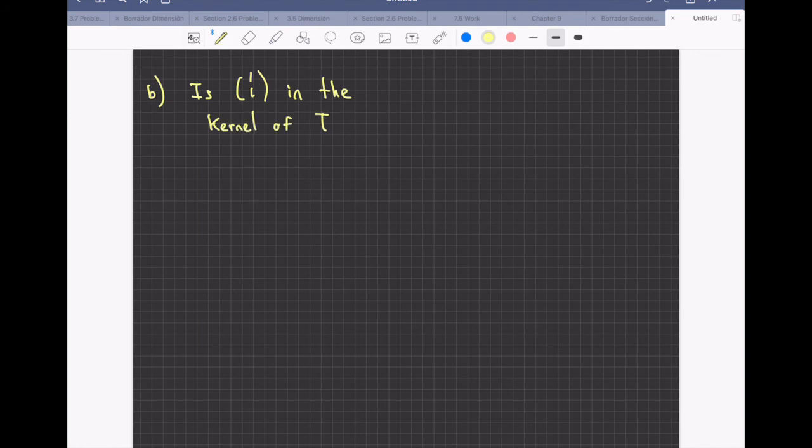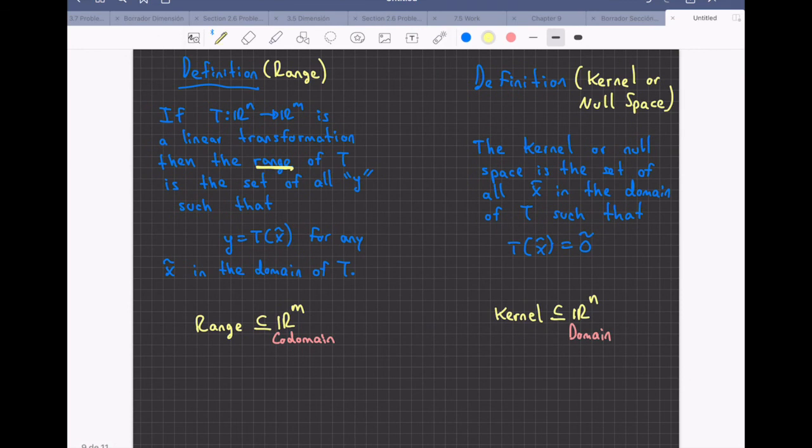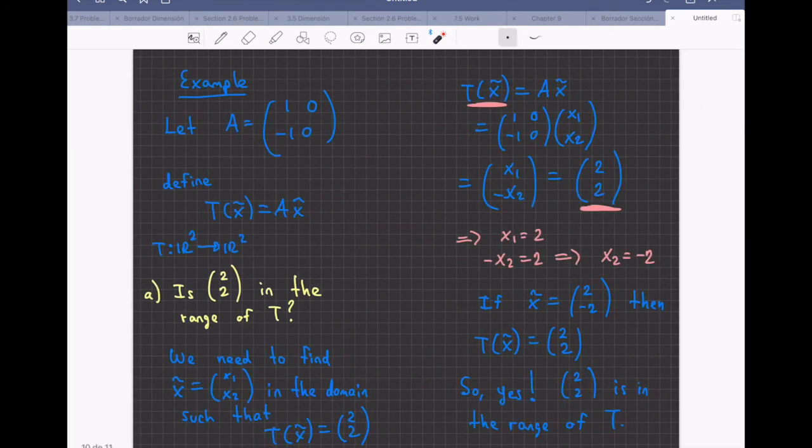Remember that the kernel of T is all the elements in the domain such that when you apply the transformation, you have the zero vector.